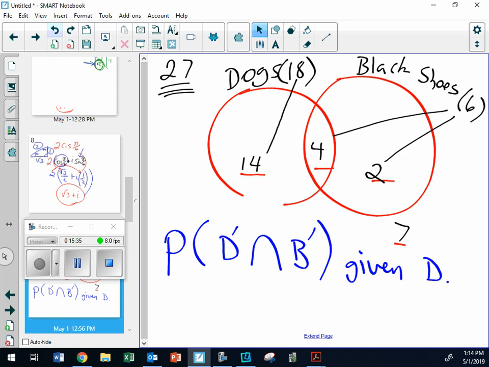Given that they have a dog. There's a whole lot of double reverses going on here. Not this and not that. It is confusing. Fight through it. Compare with the kid next to you.